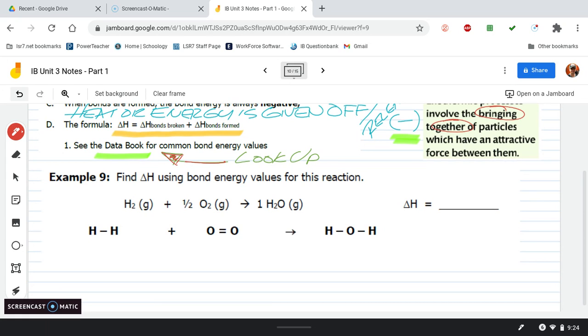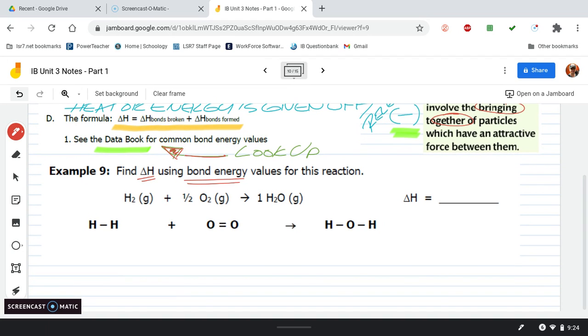And so if we look right here, it says example 9, find delta H using bond energies. So they want us to use the bonds for this reaction. I know that you guys don't remember Lewis dot structures, so you don't quite remember that you would take oxygen and put it together like this, and you'd fill everybody up to 8, and you'd look up oxygen, and you'd be like, oh, each oxygen has 6 valence electrons, so there's 12 electrons in this thing.